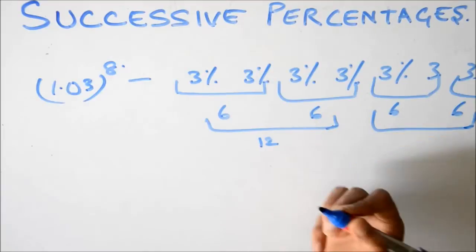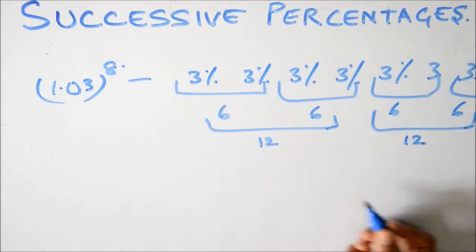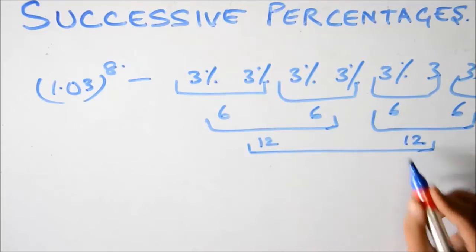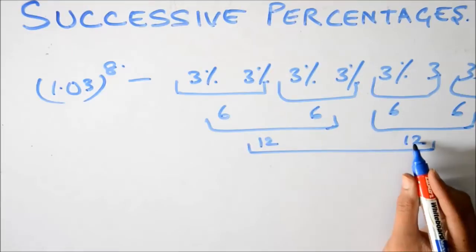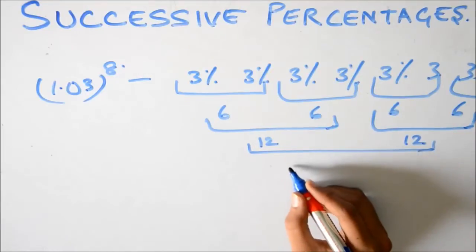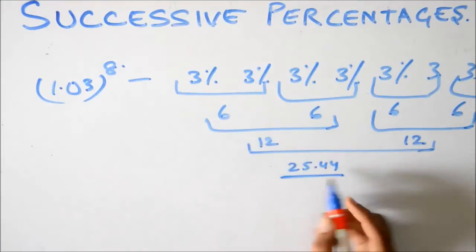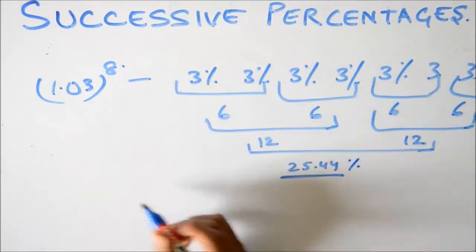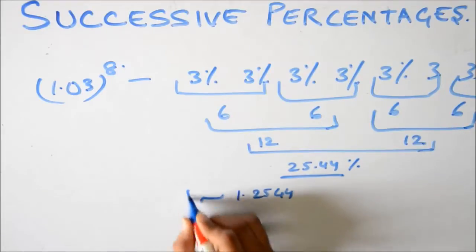Suppose you take it to be 12 itself, it's 12.3, but if you approximate it you can say it's 12, and 12 and 12 is 24, 12 plus 12, 24 plus 144 by 100, so that is 25.44, right? So 25.44 percentage of 1 is 1.2544. This is the approximate value.